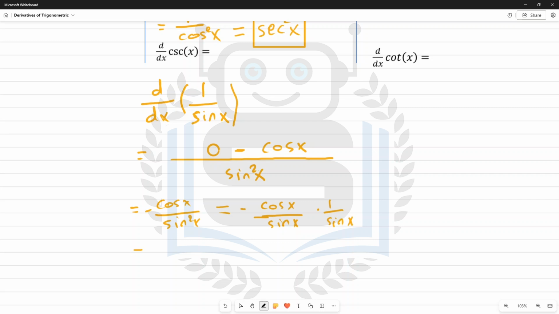Negative cosine over sine is cotan, and 1 over sine is cosecant x. So the derivative of cosecant x is negative cotan x cosecant x.